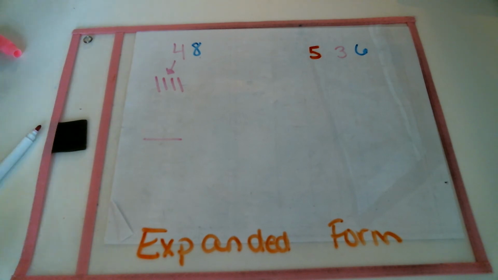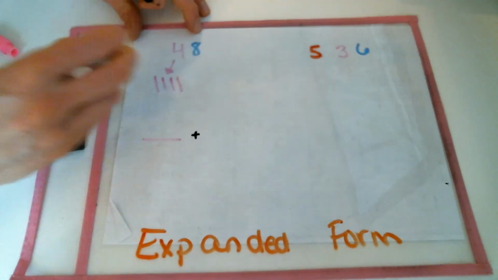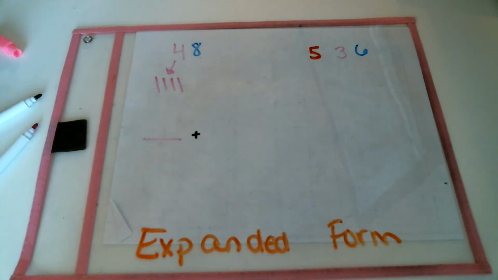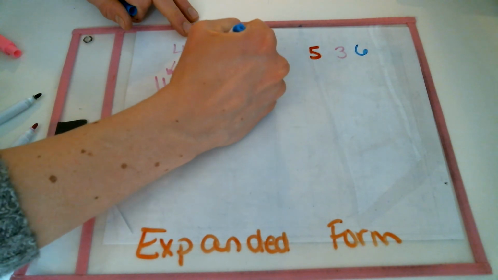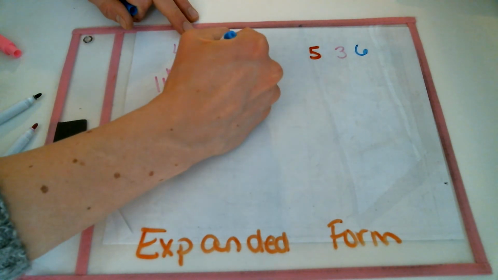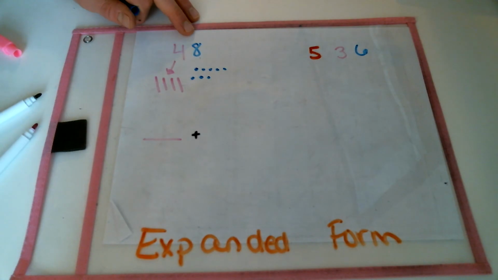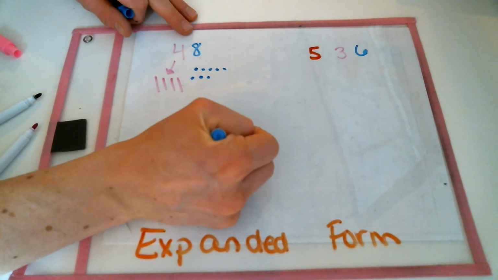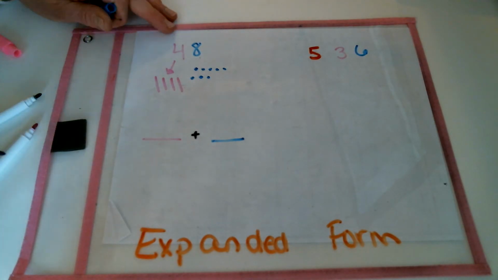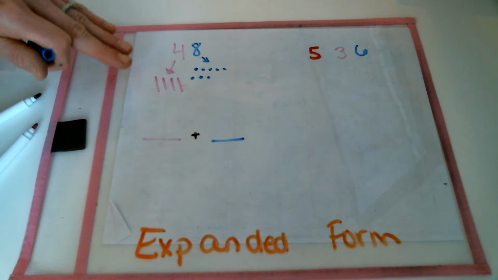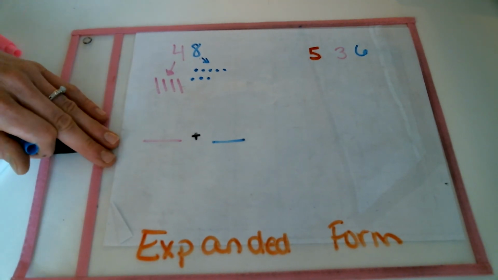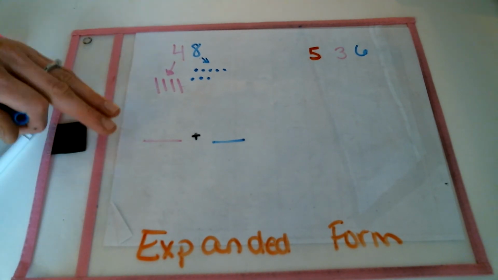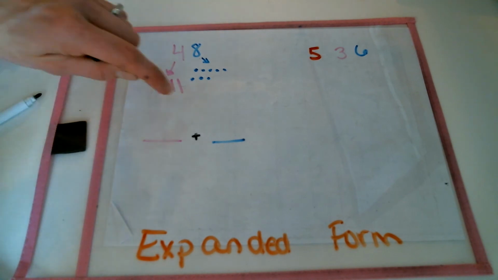And then what I'm going to look at is how many ones do I have? Well, I have 8 ones. I'm going to show those ones by dots, by ones dots. So I have 8 dots. Okay, so I've taken standard form, I'm showing it in picture form, and then I'm going to put it down finally into that expanded form. Now, I have the addition sign, right?